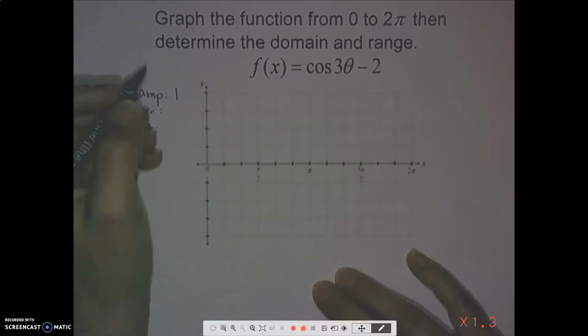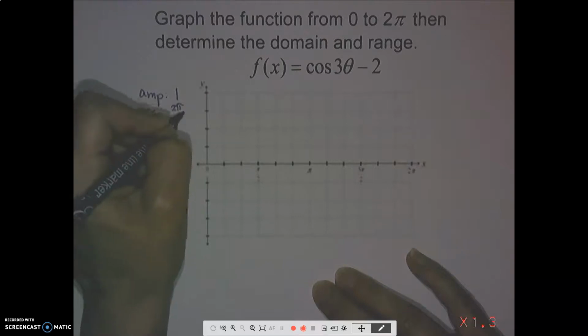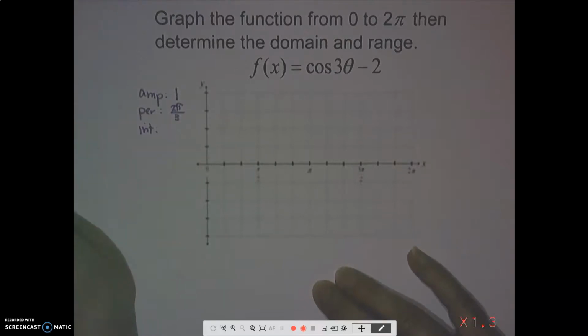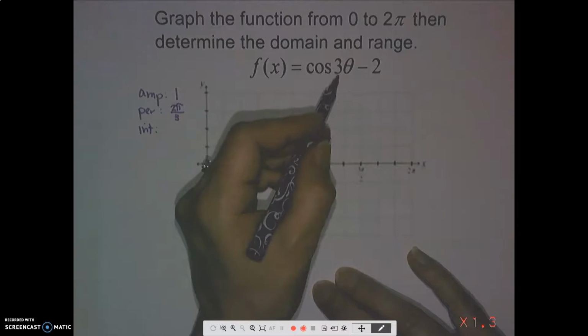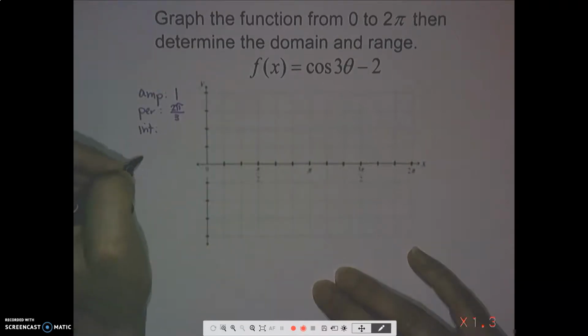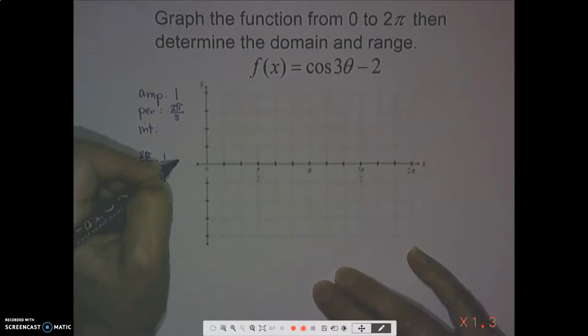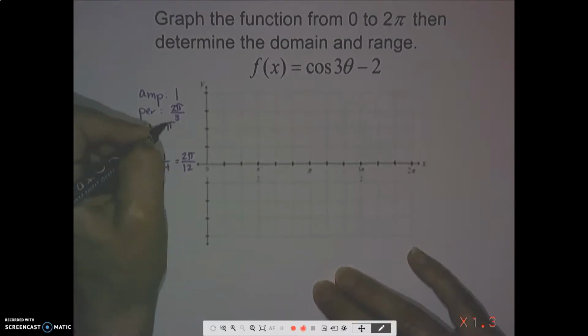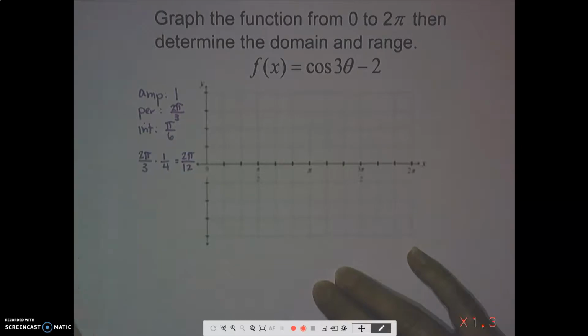Our period is going to be 2 pi divided by 3 because our b is 3. Intervals, we're going to take 2 pi divided by 3 and we're going to divide it by 4, so that means we're going to multiply by 1/4. So we get 2 pi over 12, but we're going to simplify that to be pi over 6.